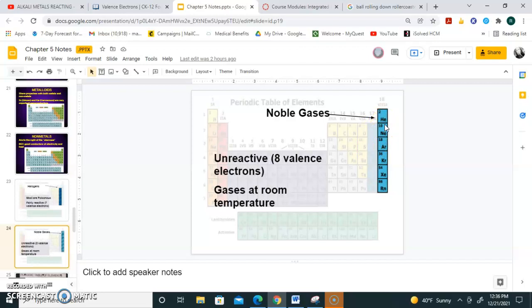They don't need to interact with any other elements, which makes them very unreactive. Okay, they just do not react. Helium is an exception in that it only needs 2 electrons in its outermost energy level to be happy, but it also shares a lot of properties with the rest of the noble gases.